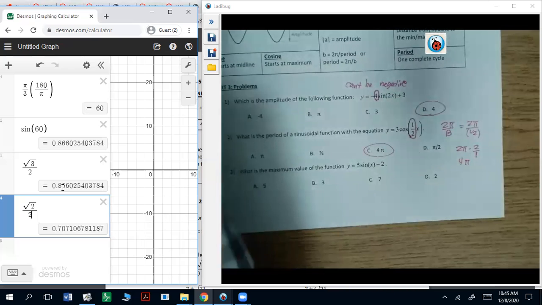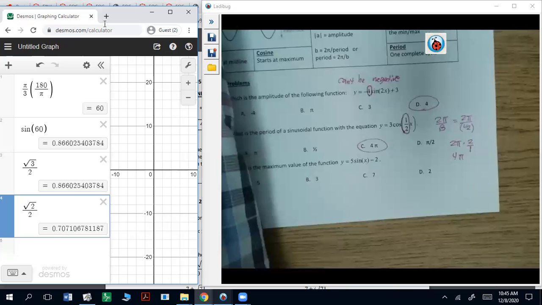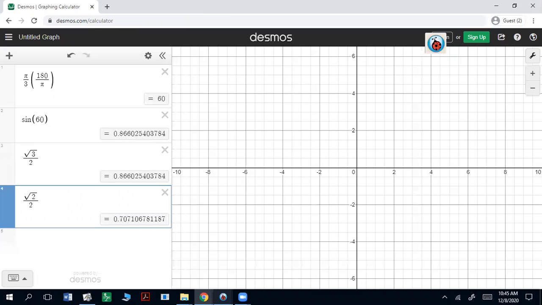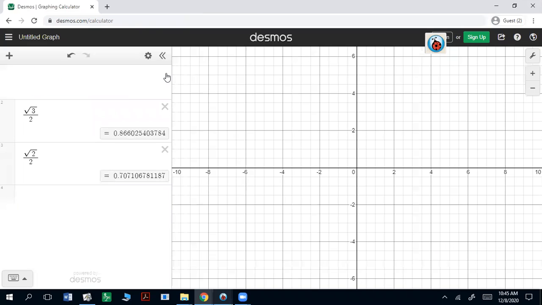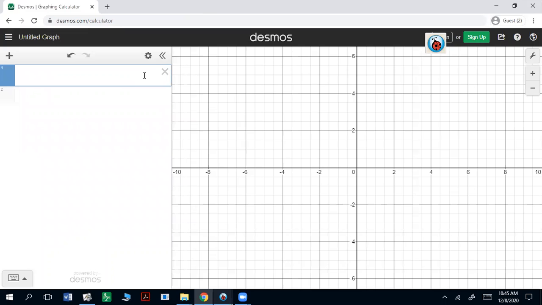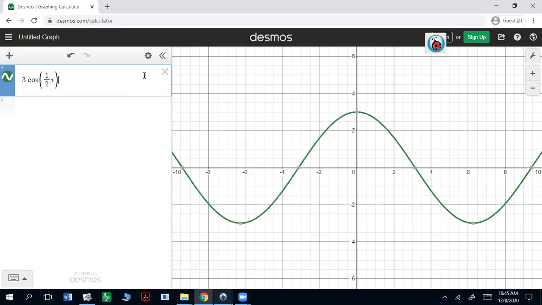Let me also show you on a graph how you can identify the period of a cosine function. In this case, make sure you are in radians. So graph it, settings, radians. You would put in the function 3 cos parentheses 1 over 2x, and you can see your cosine function.